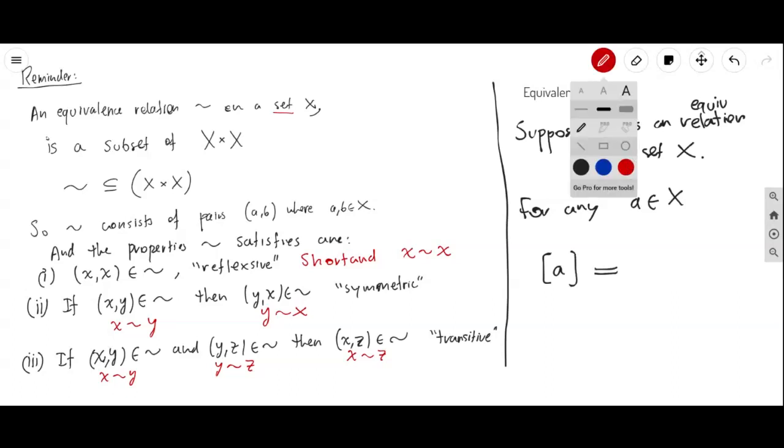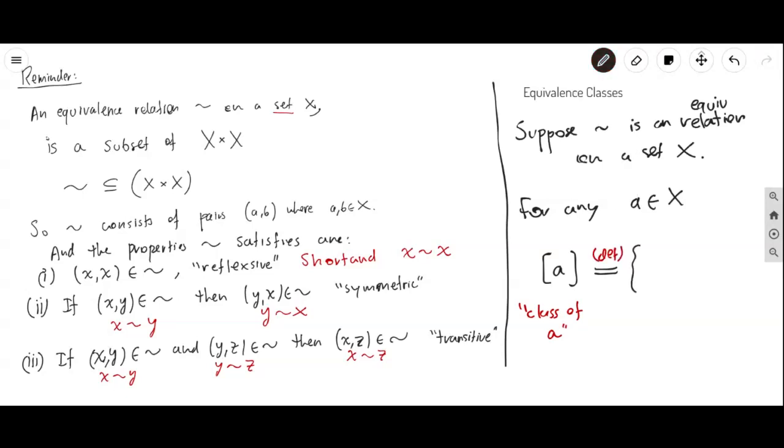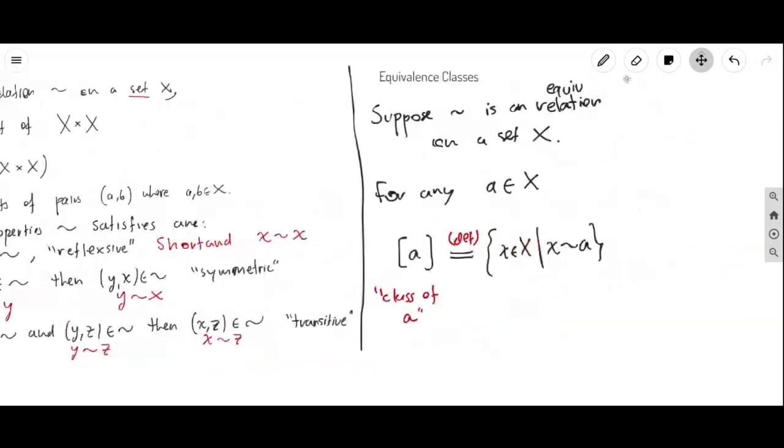This is the way we define it: the class of a is the collection of all elements in your set which are related to a. So you can also write it the other way if you want to. You can interchange them because of symmetry, so it does not matter which way you write it.